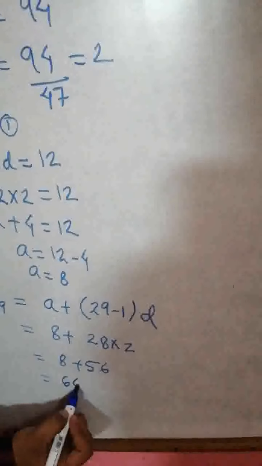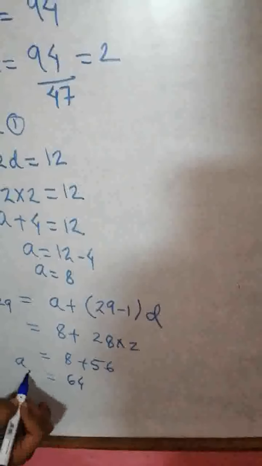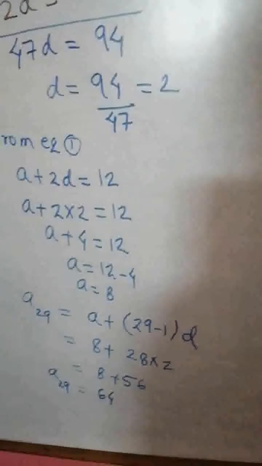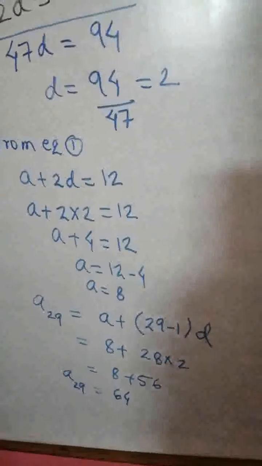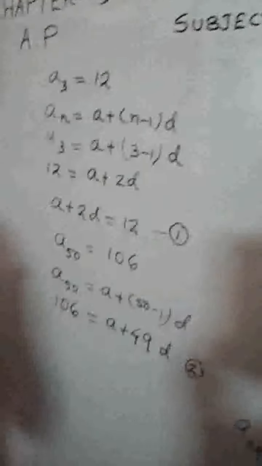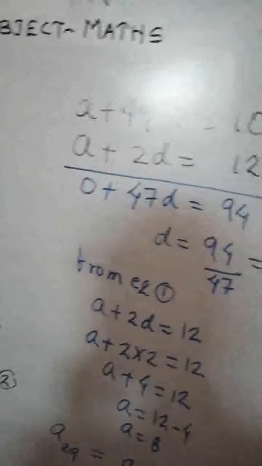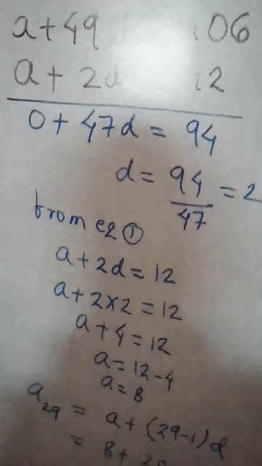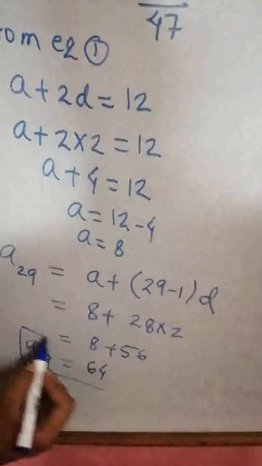When we add, it will be 64. So very clearly the 29th term of the AP will be 64, after finding the values of a and d. So this is the answer.